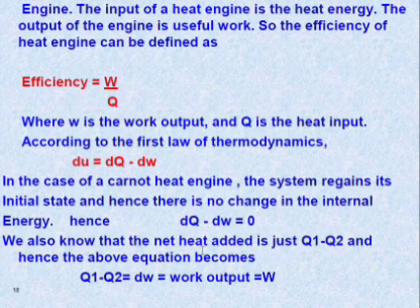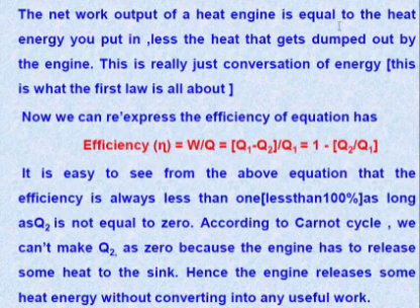We also know that the net heat added is just Q1 minus Q2, and hence the above equation becomes Q1 minus Q2 equal to dW, that equal to work output, that equal to W. The net output of the heat engine is equal to the heat energy you put in, less the heat that gets dumped out of the engine. This is really just conservation of energy.